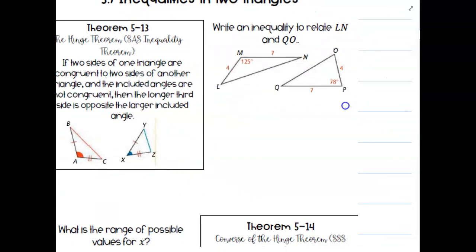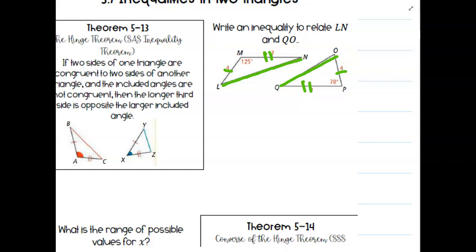So for this first one, we want to write an inequality to show the relationship between LN and QO. Look at what we have here. We have two congruent sides because ML measures 4 and QP measures 4, so those are congruent. MN measures 7 and QR measures 7. So I have these two sets of congruent sides, and they give me the included angle. It has to be the included angle, the angle in between them.